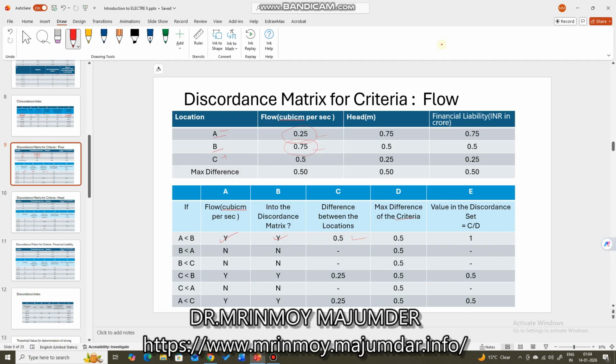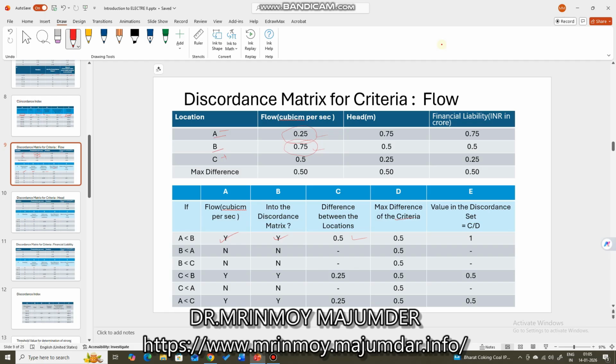Here the difference between the locations A and B is 0.5, 0.75 minus 0.25, and the maximum difference is also 0.75 minus 0.25 if you observe the matrix carefully. So 0.5. Now you divide the difference between the locations by the maximum difference of the criteria. The maximum difference of the criteria means the maximum difference observed between the alternatives within one single criteria.